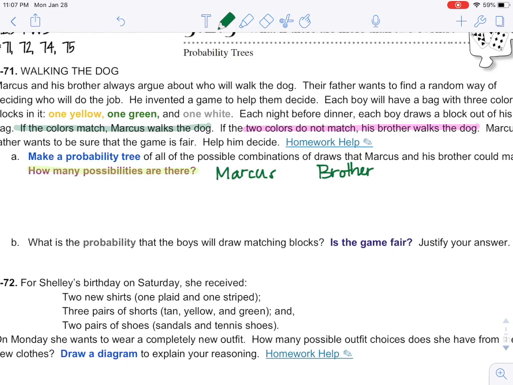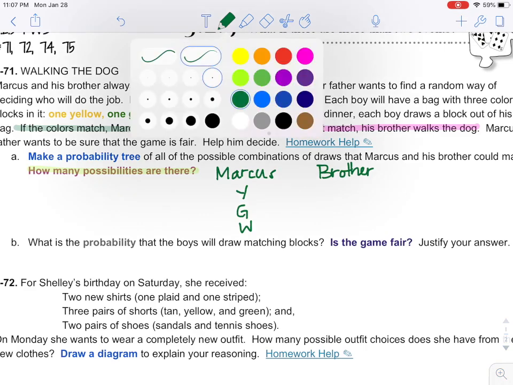We just wanted to find every possible combination using 1 yellow, 1 green, and 1 white. So Marcus has 3 choices: yellow, green, and white. Among these 3 choices, if he draws one of them, his brother also chooses from another set of 3 choices, which are the same as Marcus's: yellow, green, and white.